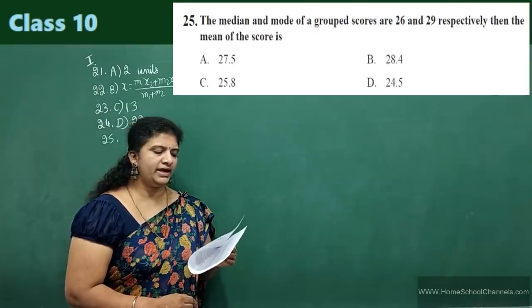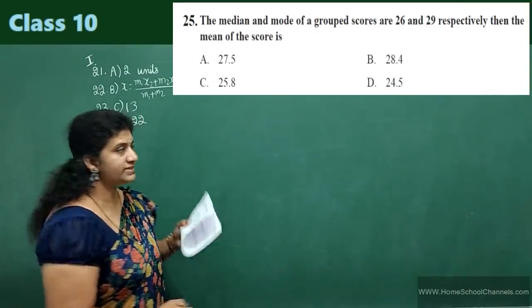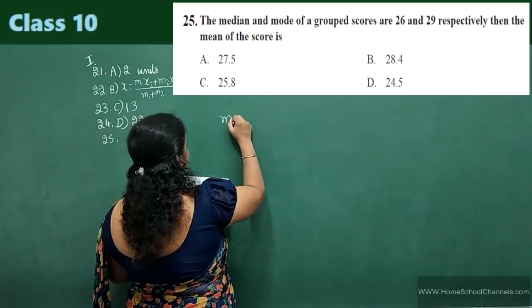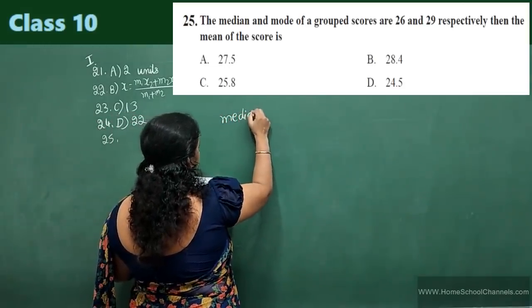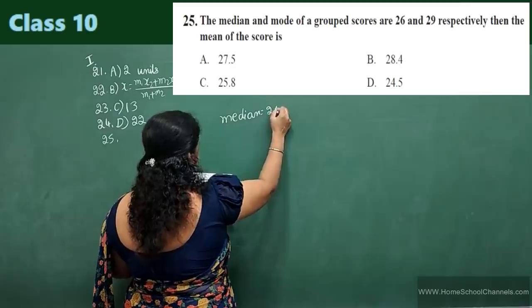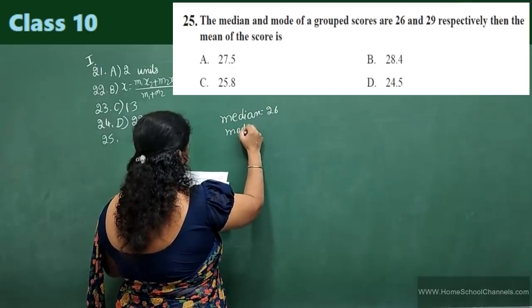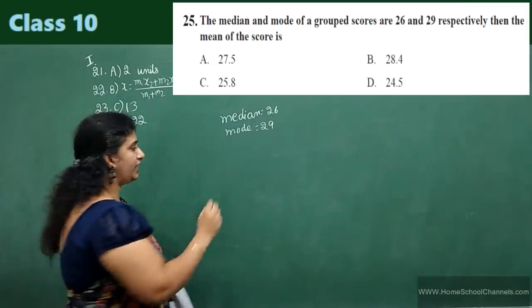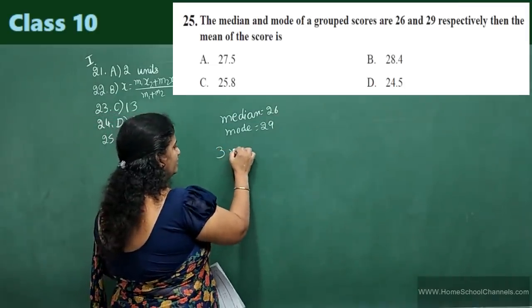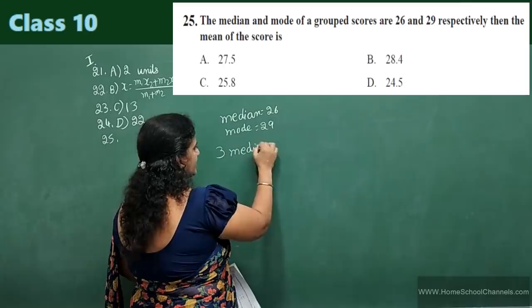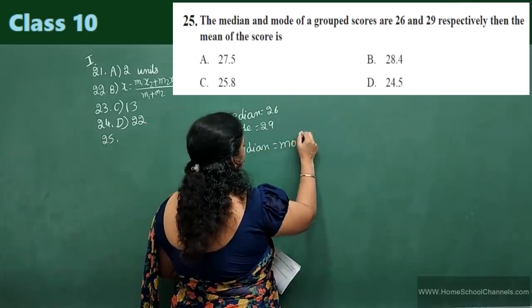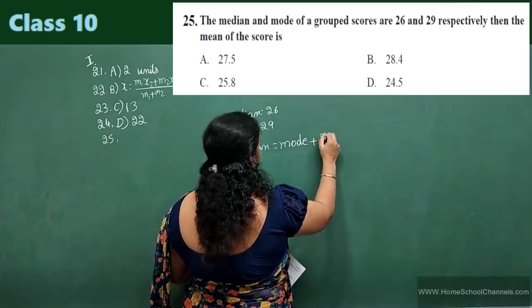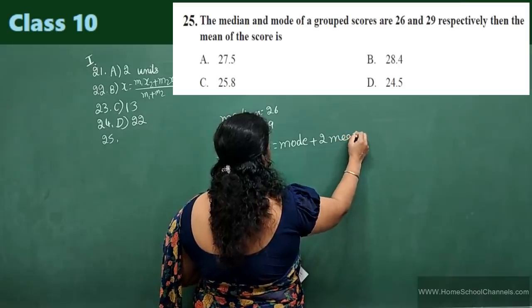25th, the median and mode of a grouped scores are, what is given? Median is equal to 26 and mode is equal to 29. Find mean. We know the empirical relation 3 median is equal to mode plus 2 mean.